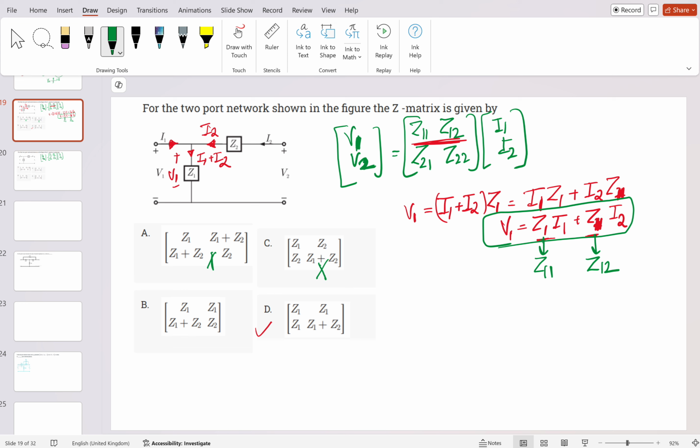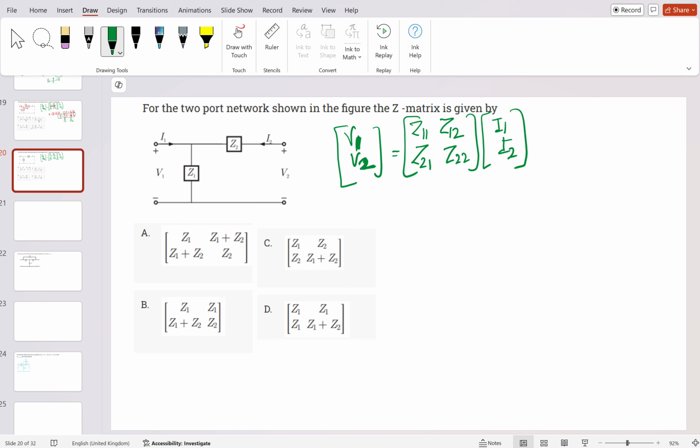Let's find the second equation. In this problem, this is V1 because of the voltage drop here, and the voltage drop across Z2 will be equal to I2 times Z2. The voltage across here is V2.